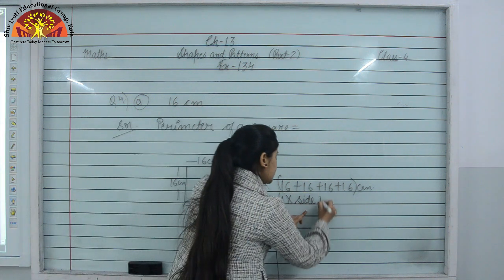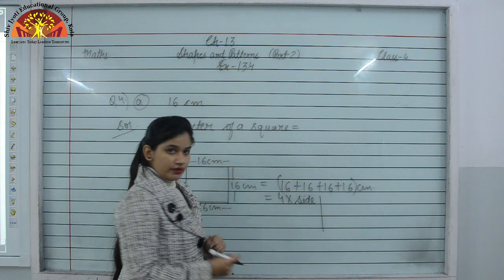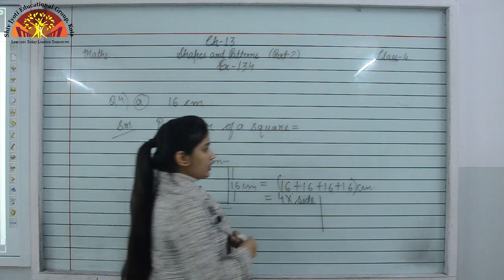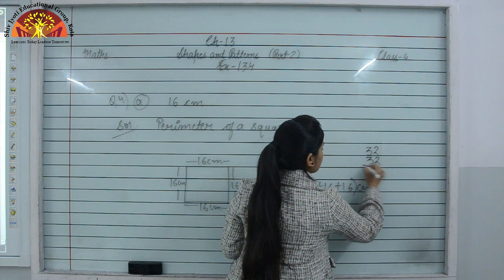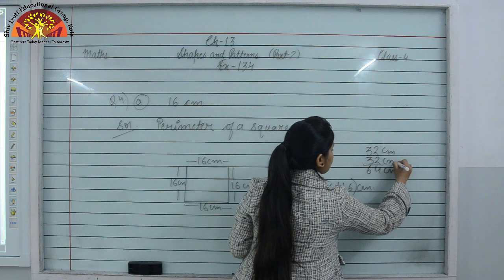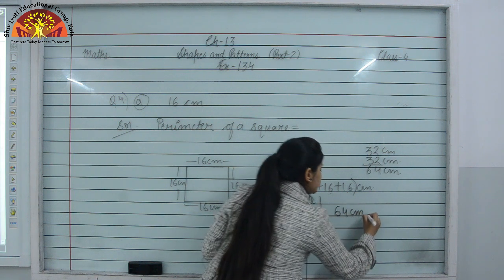How is it possible? Just have a look here. 16 plus 16 will be 32. Again 16 plus 16 will be 32. And 32 plus 32 will be 64 centimeter. So here we are getting 64 centimeter.